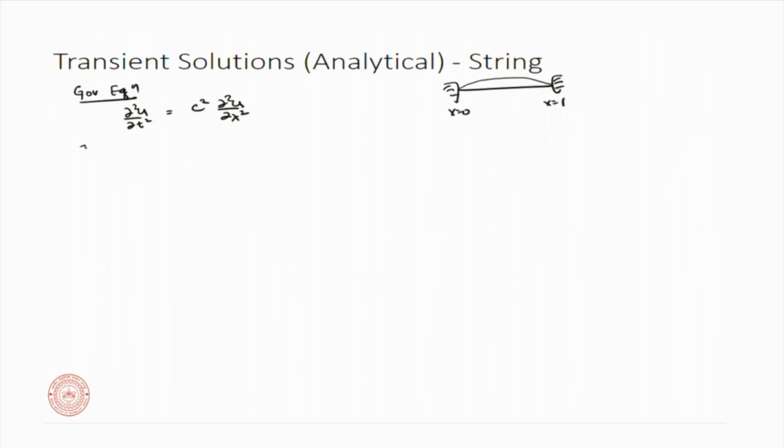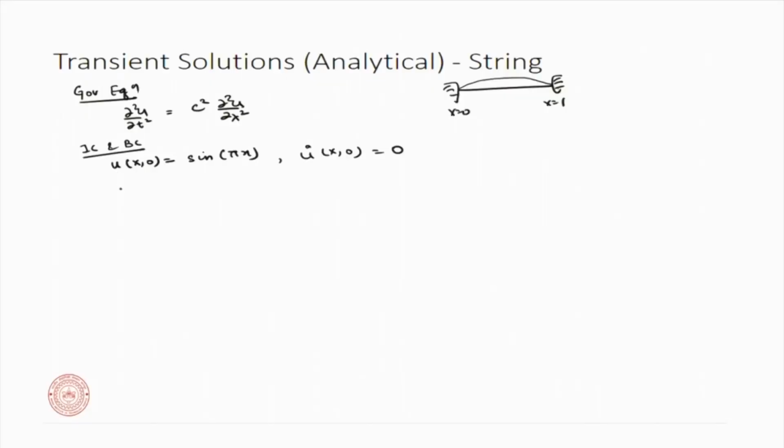Now, we need some initial and boundary conditions. We will have u of x comma 0 equal to, say, sin pi x, so it will form a sine function. And then you have u dot at x comma 0 equal to 0. So you need two initial conditions: the initial velocity is 0, and the initial shape of the string is a sine function between 0 and pi.